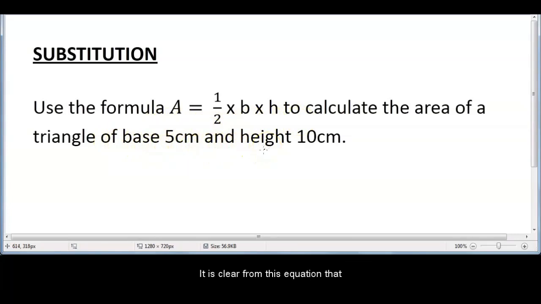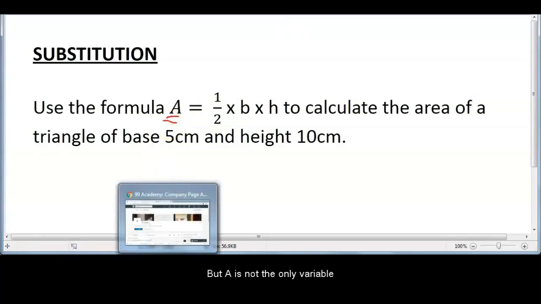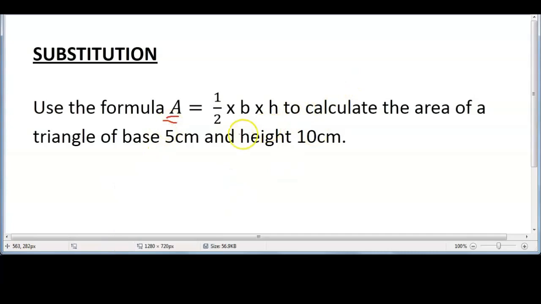It is clear from this equation that a is the subject of the formula. It also stands for the area of the triangle. But a is not the only variable. b and h are also variables on the other side of the equation.